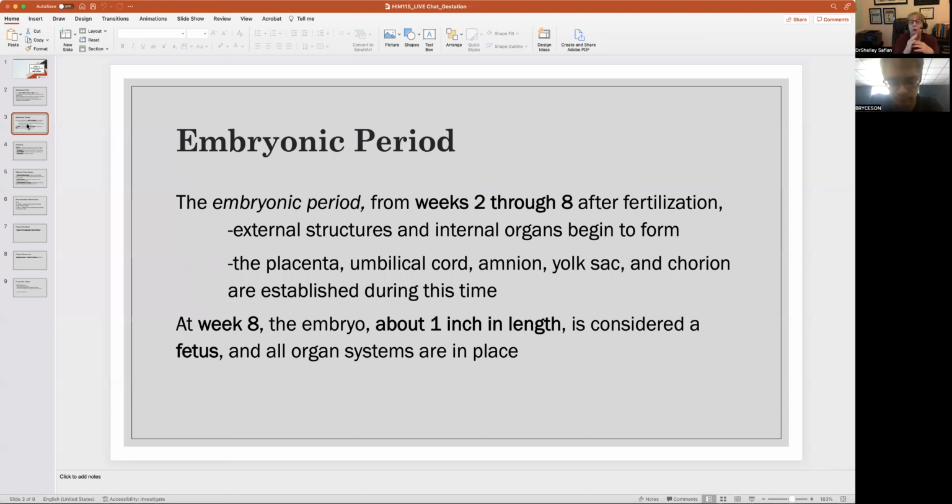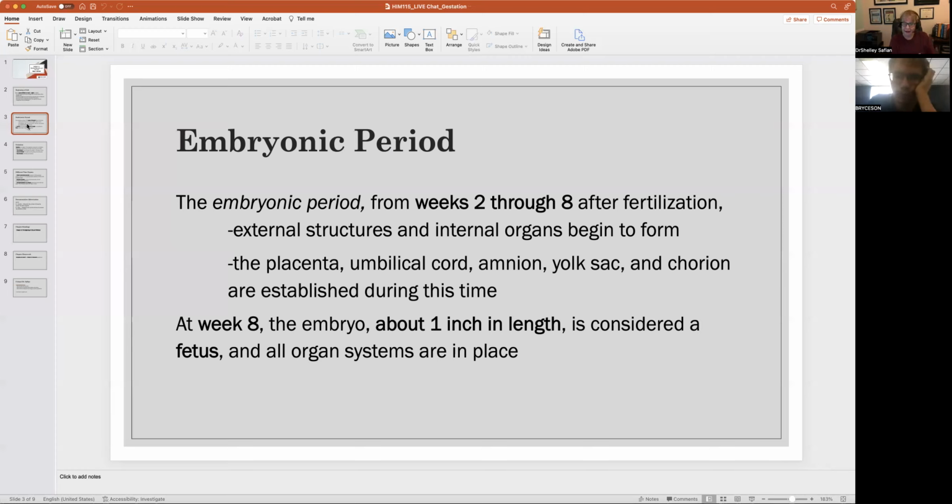And about a week later, starting at week 2, the zygote becomes an embryo. This is an embryo from weeks 2 through week 8 after fertilization. External structures, internal organs begin to form. The placenta, the umbilical cord, the amnion, the yolk sac, and the chorion are established during this time.